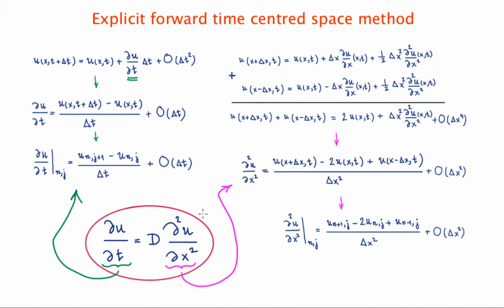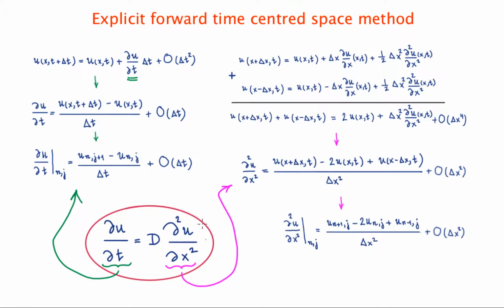Okay, in this case we need more than one Taylor expansion in order to get that, because in order for the second order derivative of u with respect to x to appear, you need to go in the Taylor expansion up to second order. And if you go to the second order, you also have in the middle the linear term, which is proportional to the partial derivative of u with respect to x, and you want to get rid of that in order to have a finite difference representation of this second order derivative just in terms of the values of the u function.